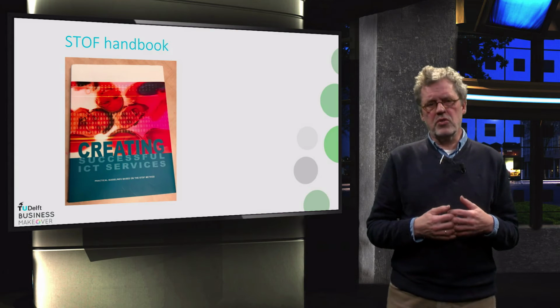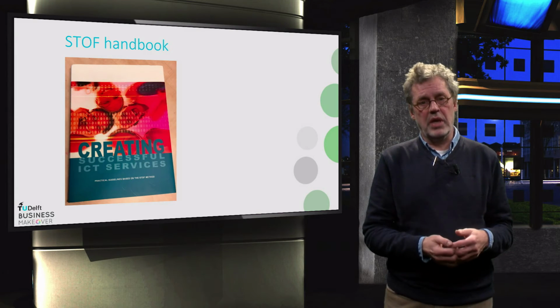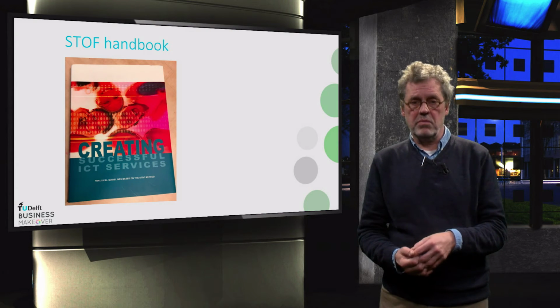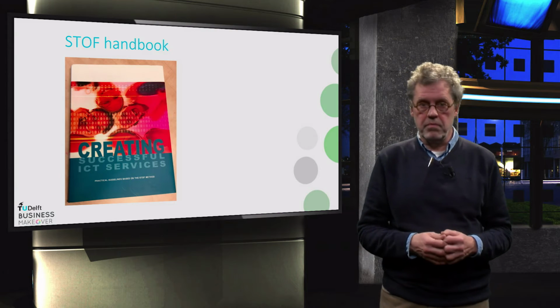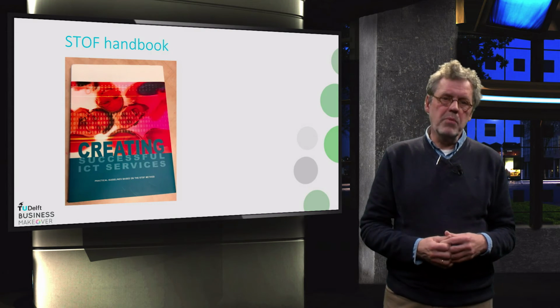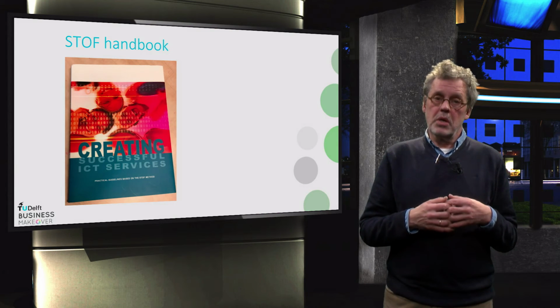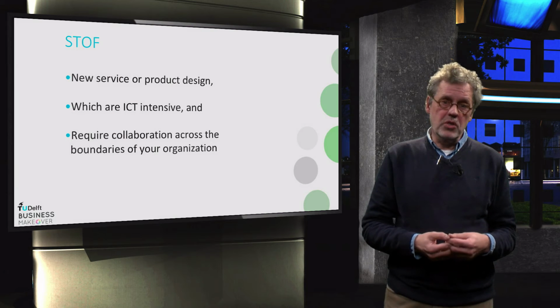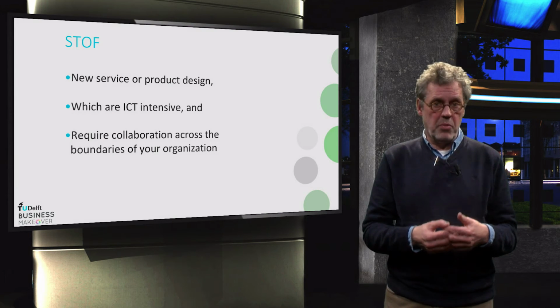So there are a lot of issues that have to be dealt with, and decisions in one domain, for instance technology, have a direct impact on other domains, for instance the partner network, or on cost, and therefore on revenues. A practical handbook is available to help you with applying the STOF model. So, after using the STOF approach, you have a clear view on interdependencies of the four domains.